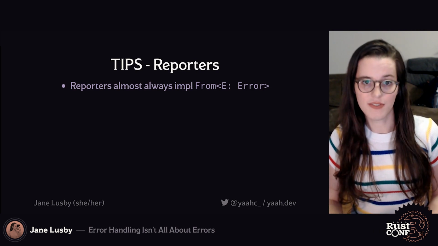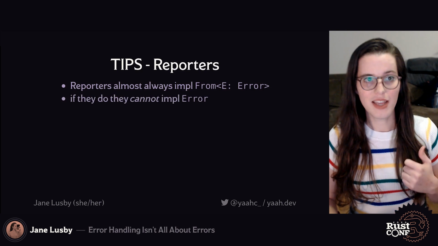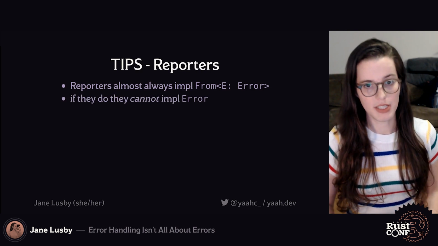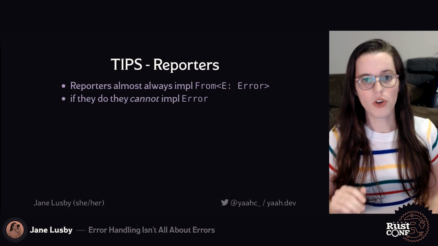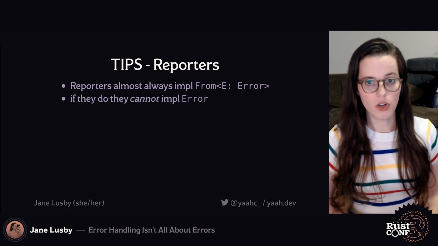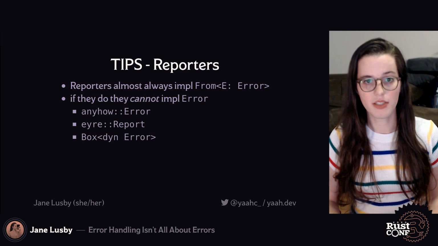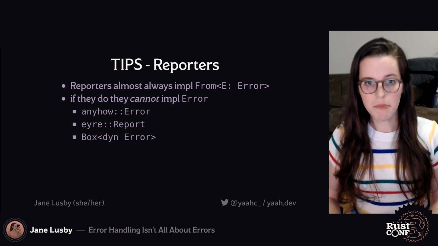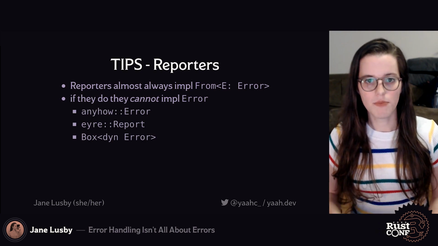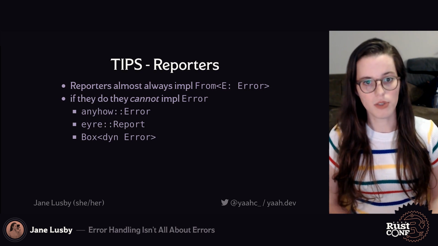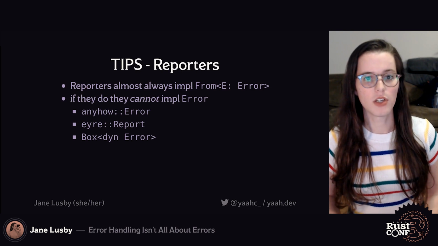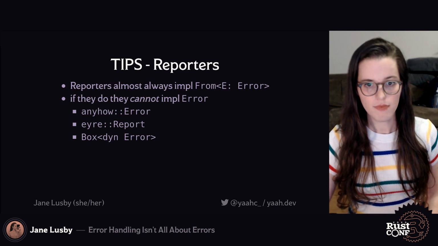But as a consequence of this, error reporters cannot implement the Error trait themselves. This is true for all types that implement From<E> for all errors, including anyhow::Error, eyre::Report, and Box<dyn Error>. Implementing both of these traits ends up violating the overlap rule, in that there would be two From implementations to choose from when converting a reporter to itself.